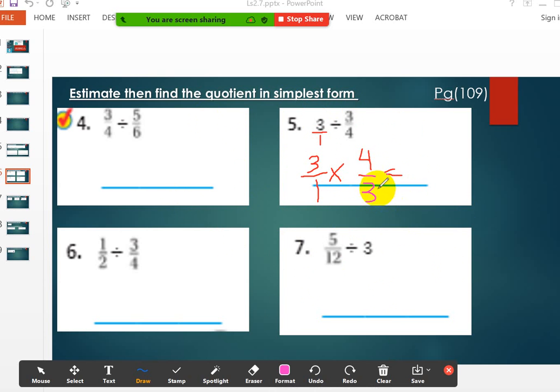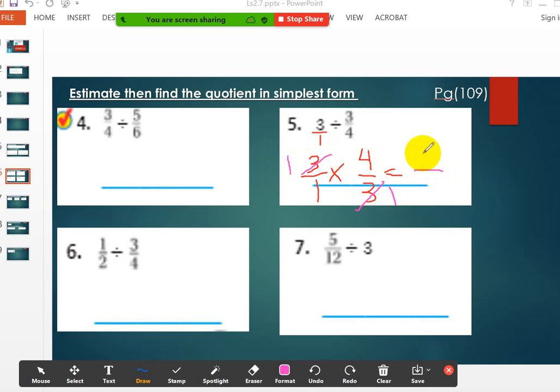Look at 3 and 3. Can I find the greatest common factor for those numbers? I can divide both numbers by 3. Very good. So 3 divided by 3 equals 1, as you said, and 3 divided by 3 is also 1. Now let's find the answer.